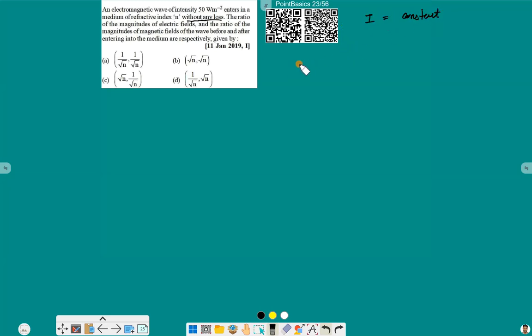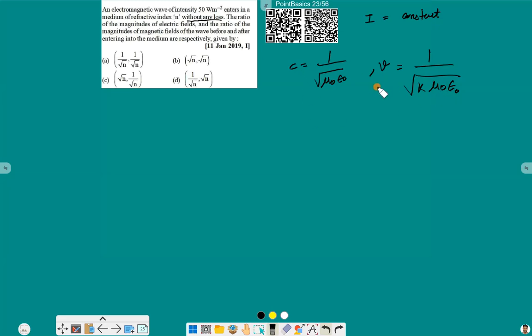The speed in vacuum, or we can say outside that medium of refractive index n, C will be 1 by under root mu node epsilon node, and inside the medium the velocity of the wave will be equal to 1 by under root of k times mu node times epsilon node, where k is the dielectric constant and assuming that the medium is non-magnetic.